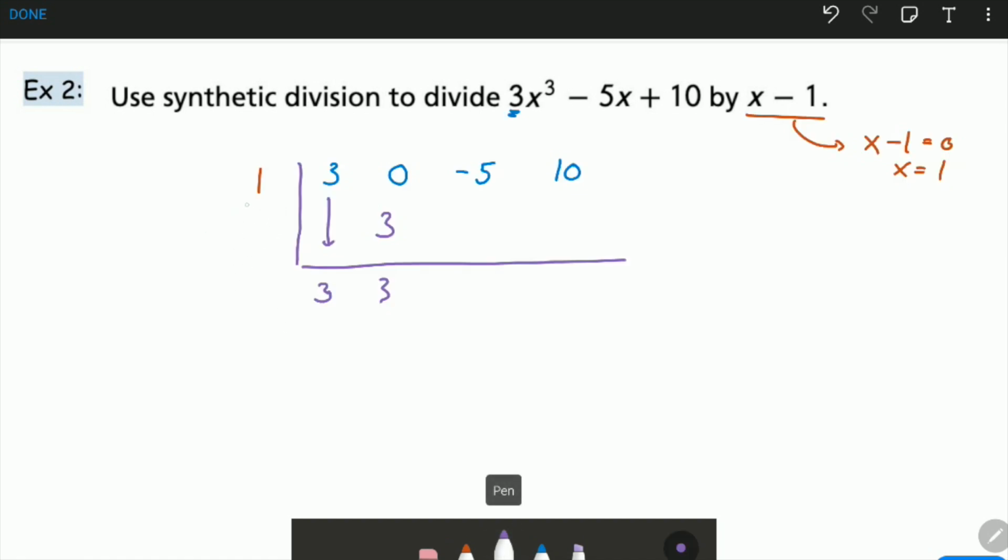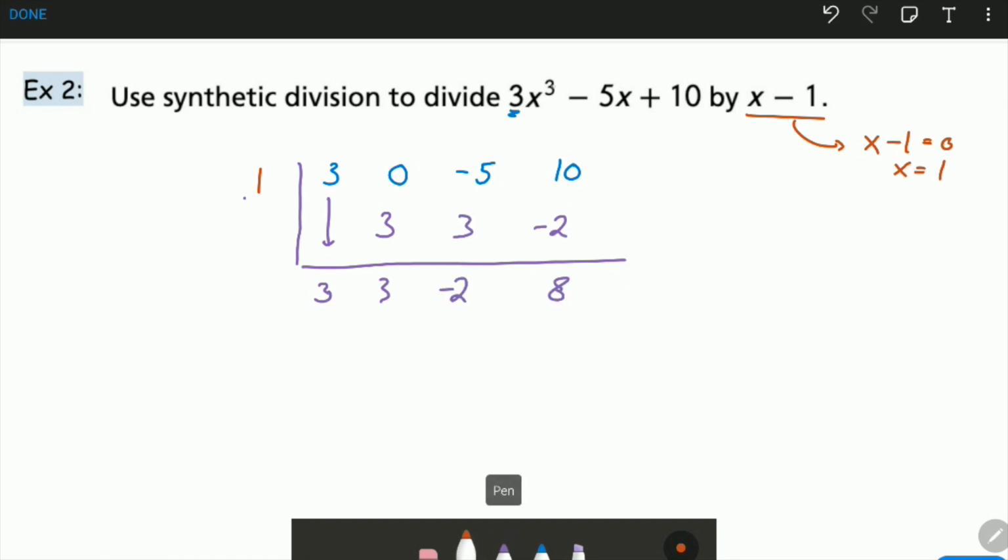There we go. So multiply 1 times 3, which is 3. And then add straight down. Negative 5 plus 3 is negative 2. We'll multiply. 1 times negative 2 is negative 2. And then we'll add straight down. 10 plus negative 2 is positive 8.